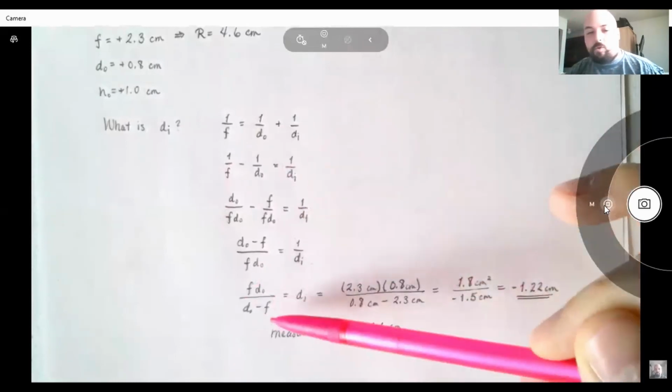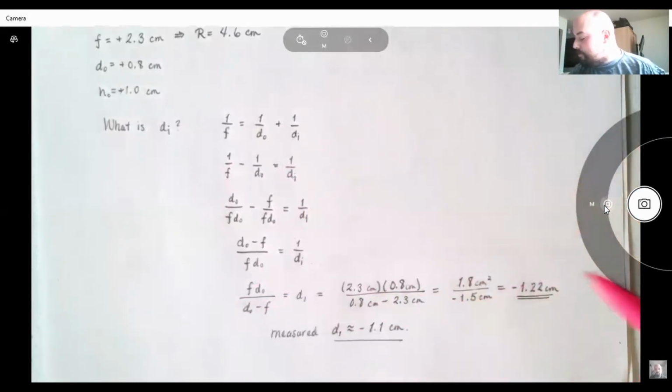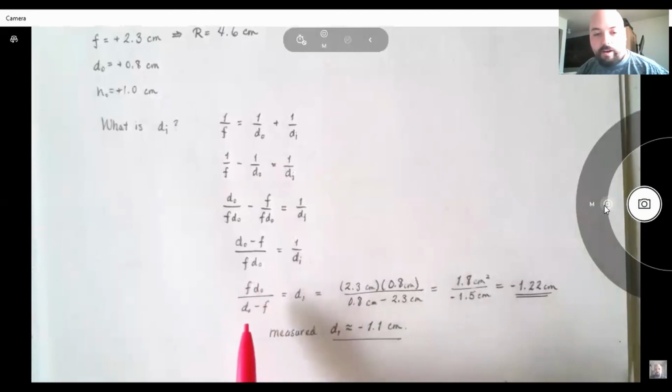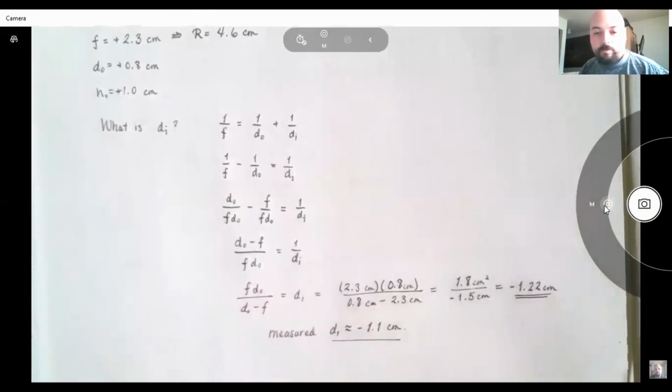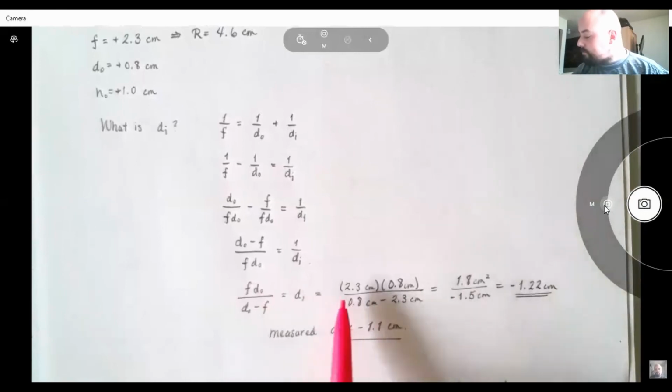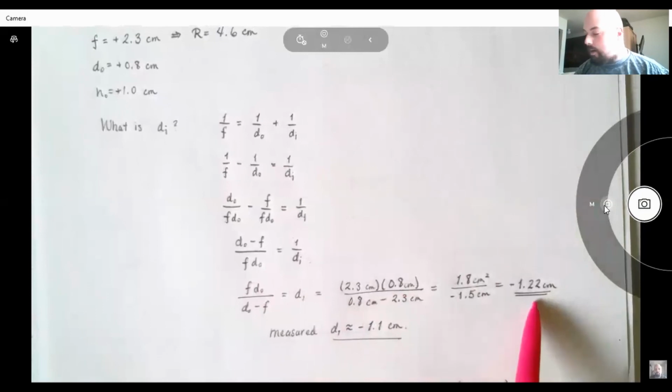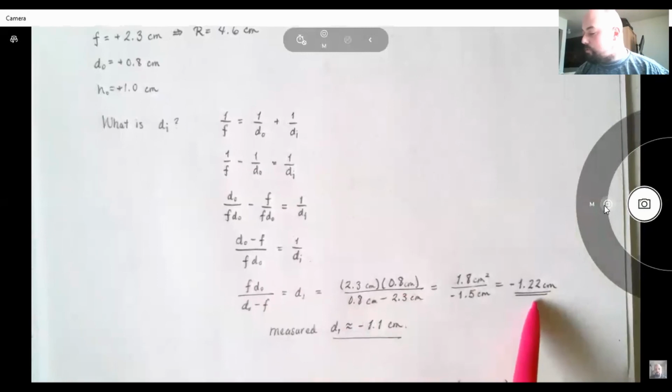I just like a more simplified equation to work with. Plus, it also helps with ensuring that your unit analysis comes out okay in the end.